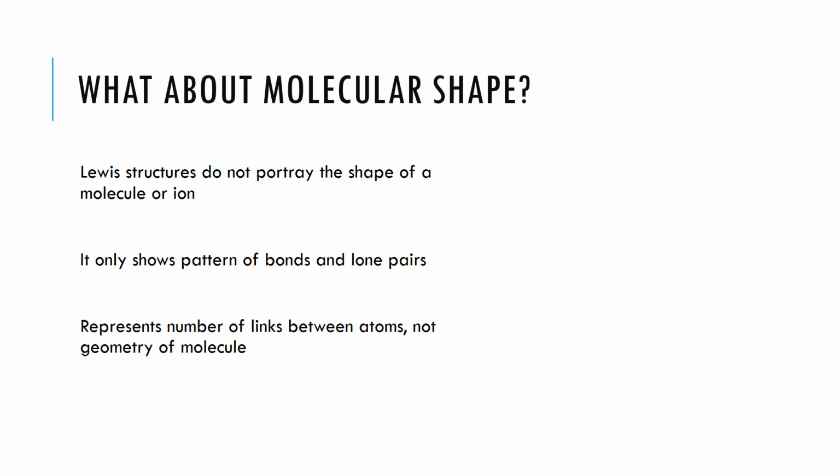Okay, so Lewis structures then tell us something about the arrangement of atoms within a molecule, but they don't really tell us much about the shape of a molecule or ion.